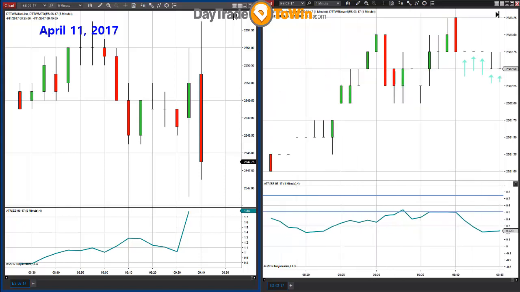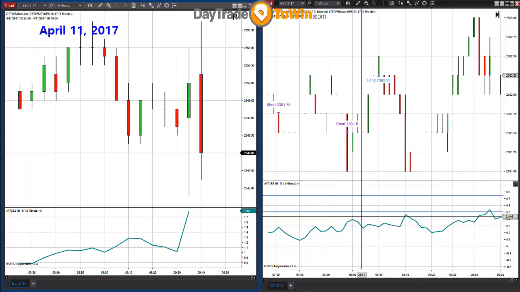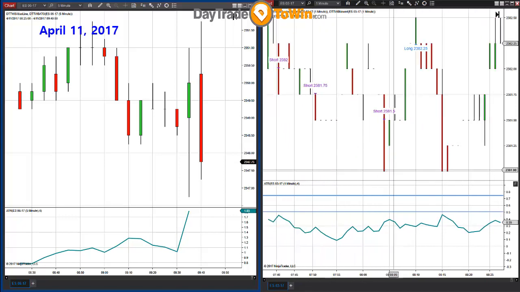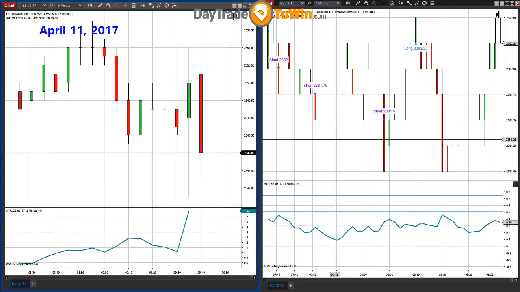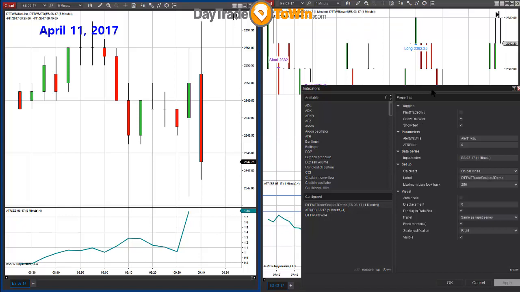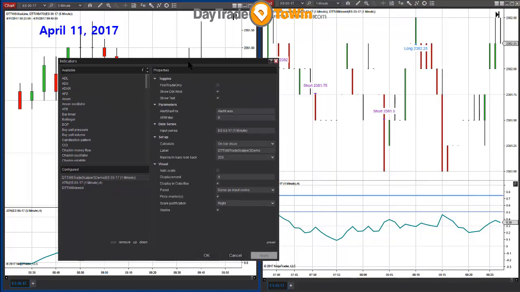All right, so when it's too slow, we don't trade. When it's too volatile, we don't trade. So all this that you're seeing, the signals that you're seeing here, it's really too slow to trade. Now there's a filter built in to the Trade Scalper that allows you to say, I don't want to see any signals when the market is too slow.